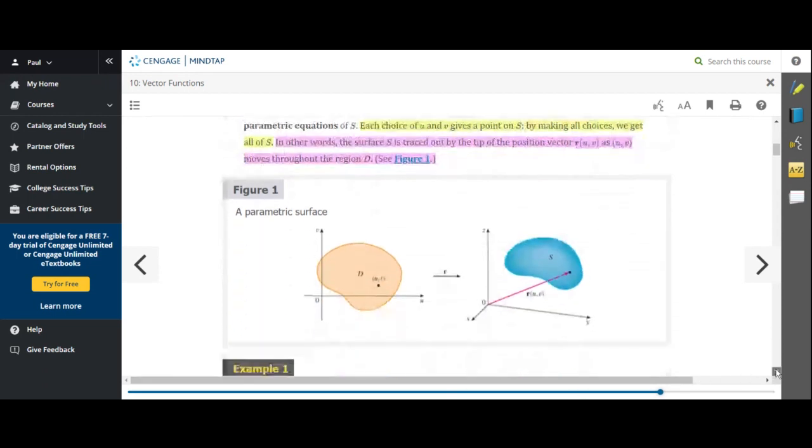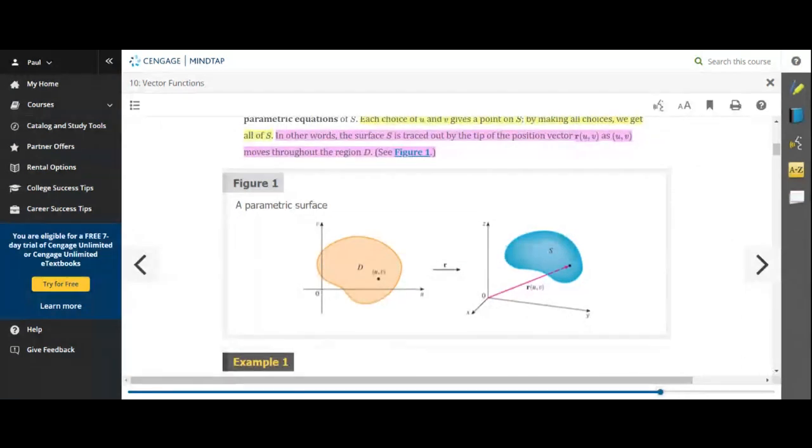So here's the region D, in the UV plane in figure 1 on the left. The region D is in the UV plane, and UV is a point on that region D. Well, the vector function R is a function of u and v. Okay, I want to say that again. The vector function R, which depends on u and v, touches a point in space.